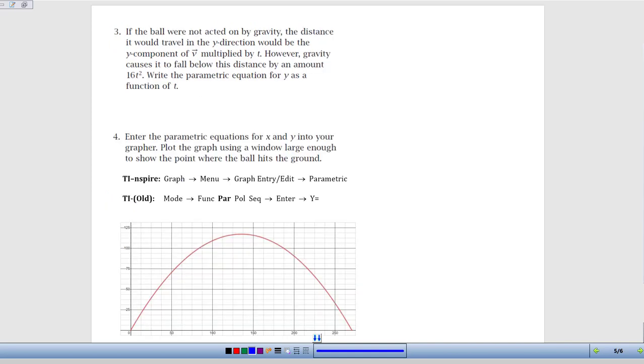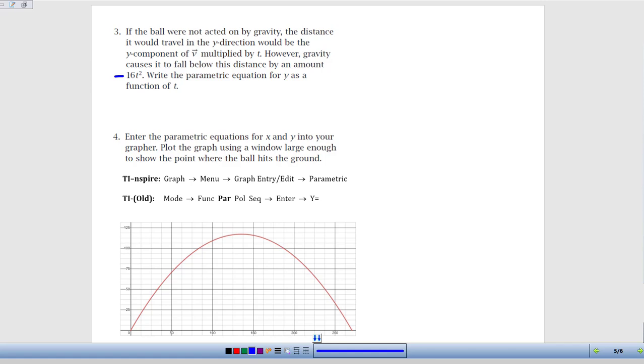In question number 3, we're asked for the parametric equation in the y direction for the ball. But of course, in the y direction, we don't just have that initial velocity factoring in. We also have gravity, which is represented with a negative 16t squared. As more time goes by, because of that squared variable, it's going to have a greater and greater impact.